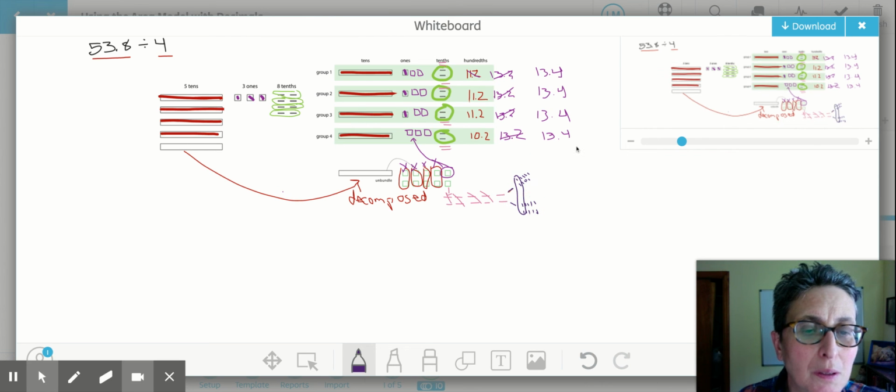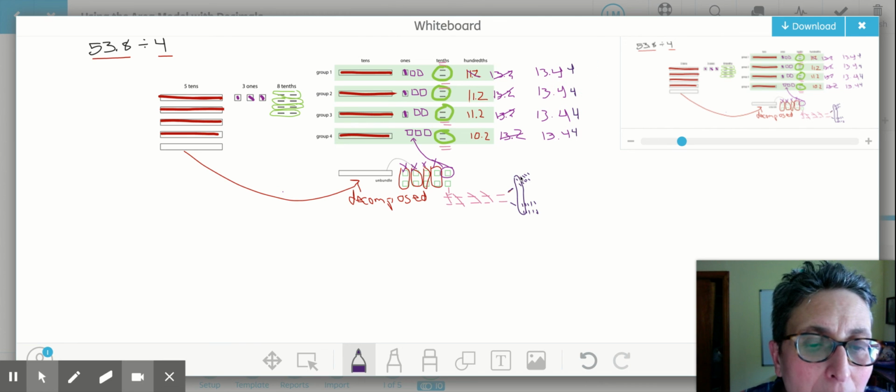And that's going to be 4 hundredths, which I can do again and again and again. 1, 2, 3, 4. 1, 2, 3, 4.